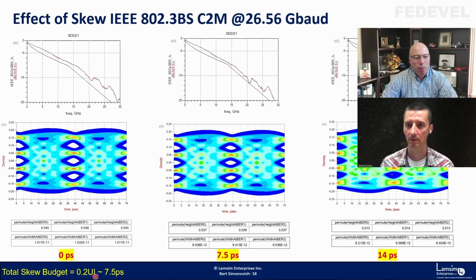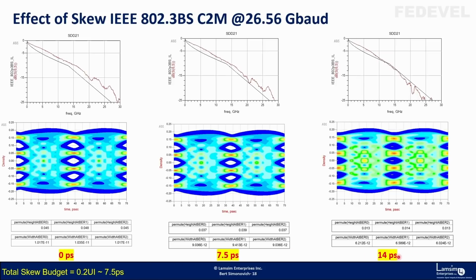That's where this 20% UI comes in. With 20% UI, that first resonance will be 5 times away from your Nyquist frequency. It's kind of pulling down the whole characteristic. Right, exactly. And at 14 picoseconds, it pulled it down even more, right?